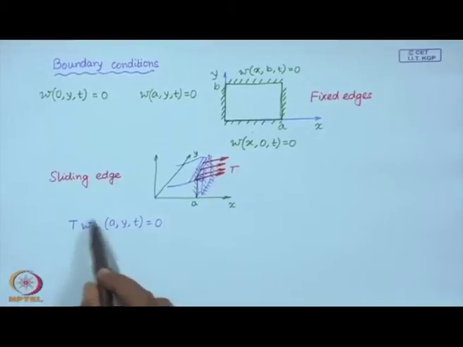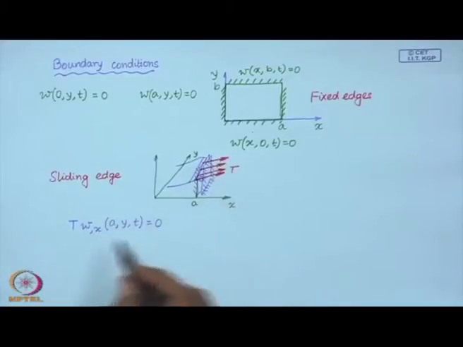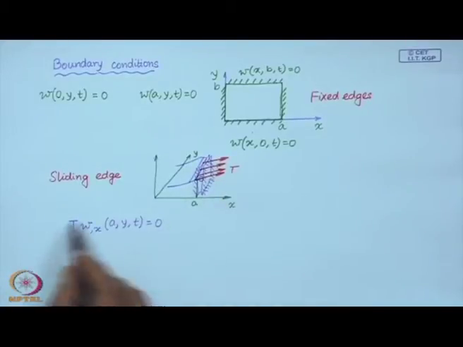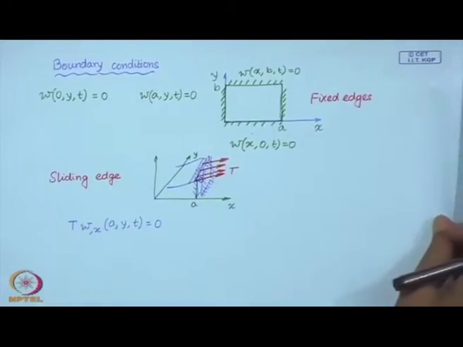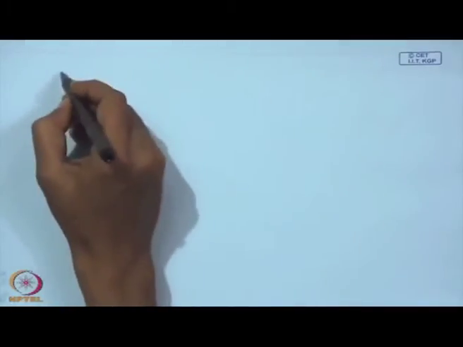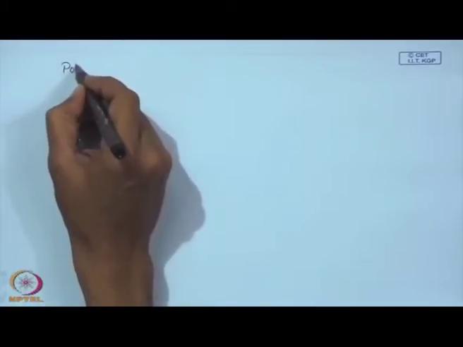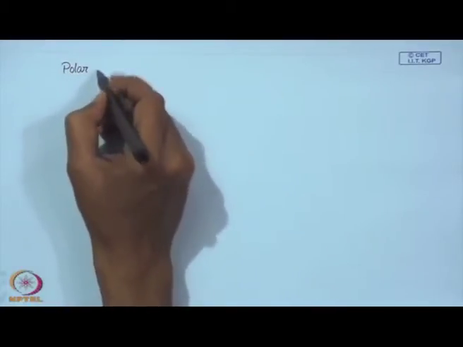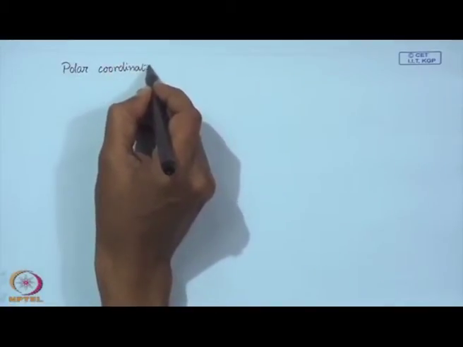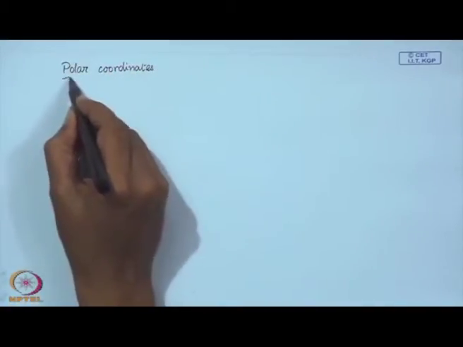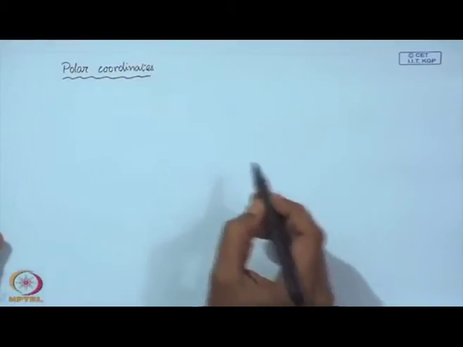That is determined by multiplying it with the derivative of w with respect to x, as we have seen. So, that must be 0 for a sliding boundary. Now, when we go to polar coordinates, we use polar coordinates when we have a circular membrane.